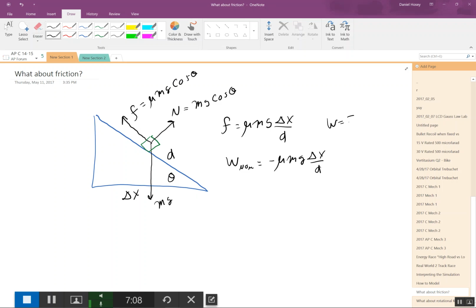Remember, work is force times distance. These cancel out, so I believe the non-conservative work only depends on mu mg and the horizontal distance that you travel. It doesn't actually matter what the angle is, only the change in horizontal position, which is kind of neat. I'd never thought about that before.